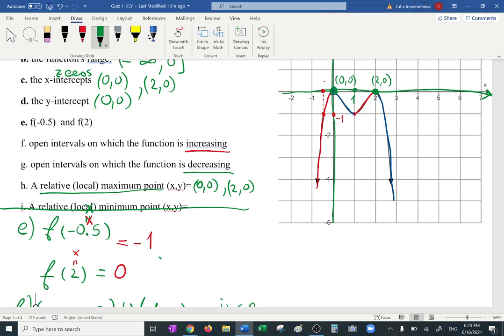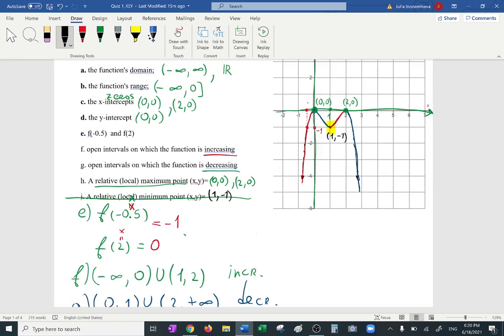The minimum point is this guy over here. That's a local pit, if you want to see it this way. The coordinate for this is (1, -1). It's only a local minimum because the graph of the function has lower points both after and before that point. So it's a minimum only locally.